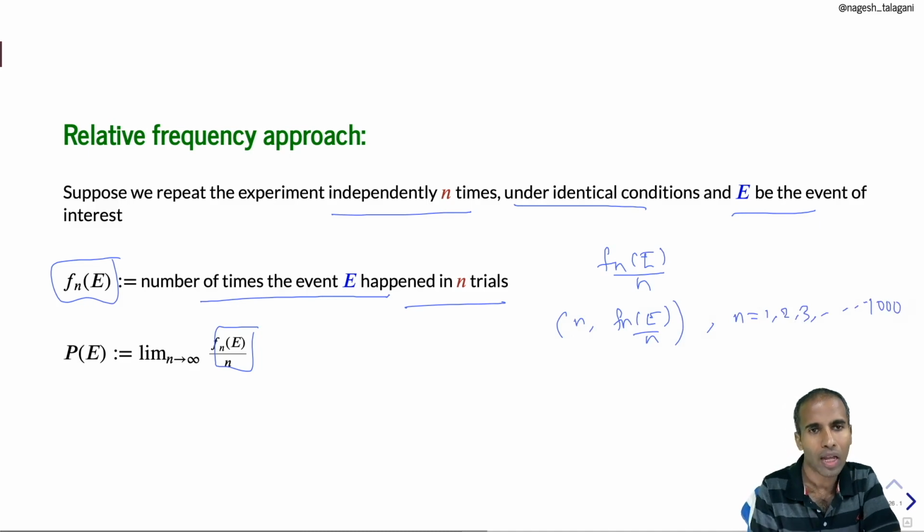Let's see how the relative frequency behaves as n increases. We believe the probability of getting heads should be 0.5 for a fair coin. Let us see if the relative frequency curve seems to stabilize at 0.5 or not.